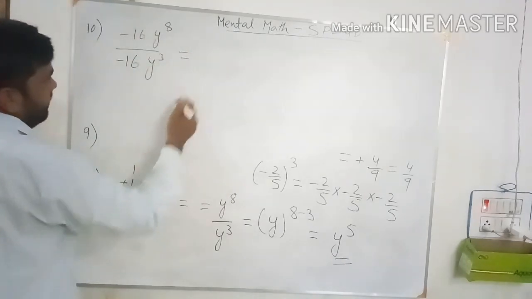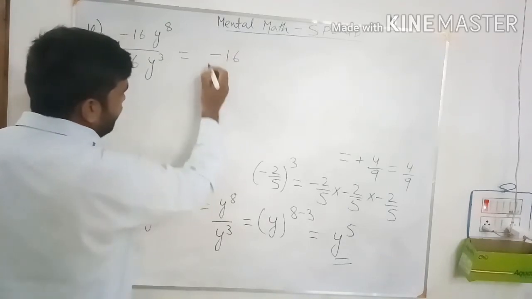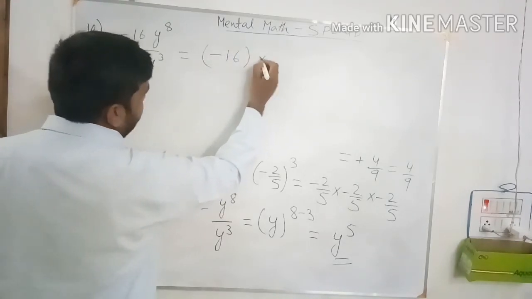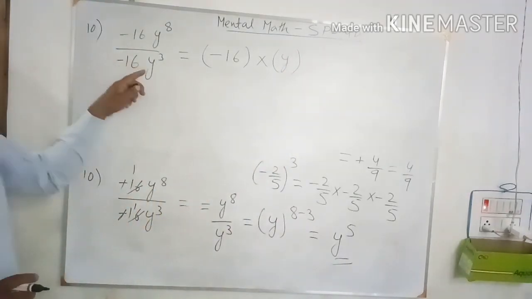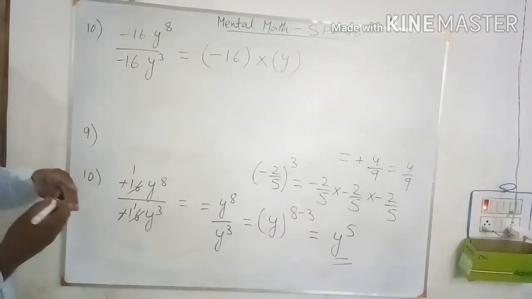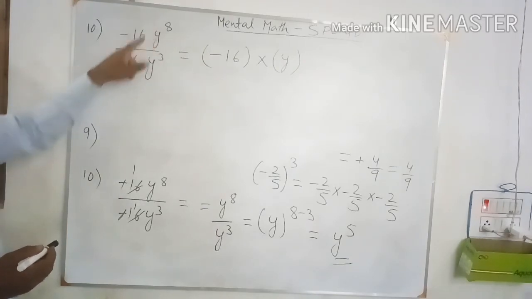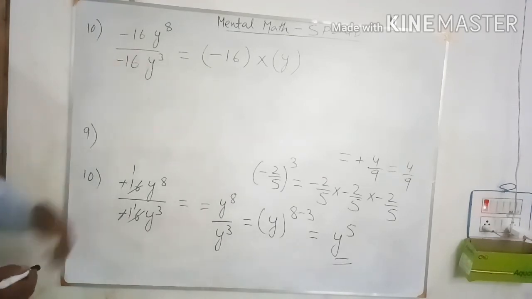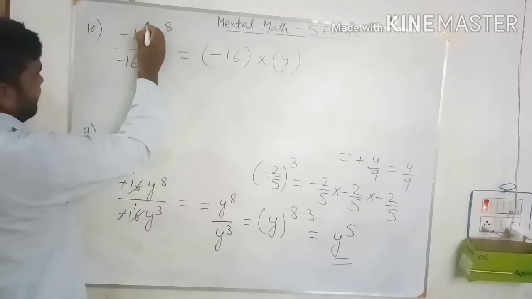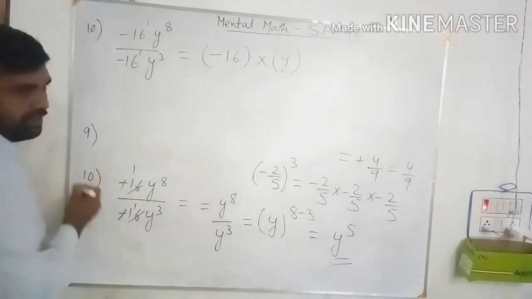So you can take the base minus 16 common, and you can also take the base y common. Now the power of minus 16 is what here? 1, nothing written, that means 1. In the denominator also, the power of this minus 16 is 1.